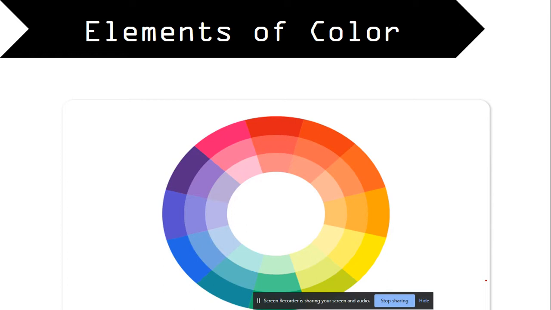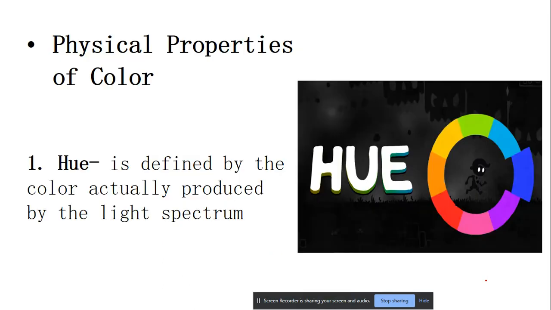Now let's proceed to the elements of color. Colors are very useful. They add beauty to the art or to the piece of work. So let's have the physical properties of color. We have hue, which is defined by the color actually produced by the light spectrum.